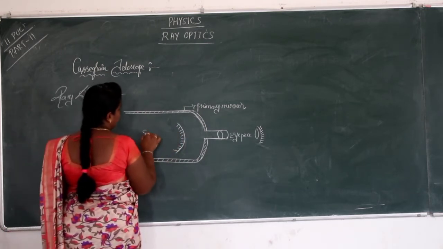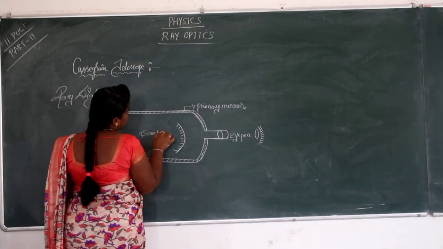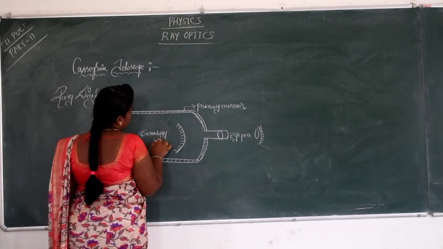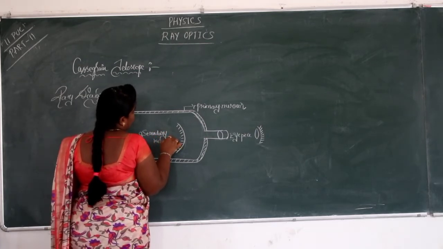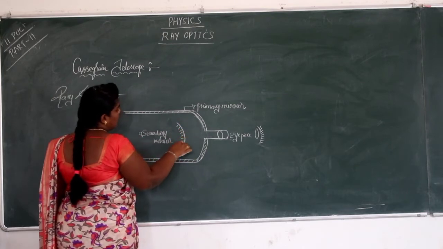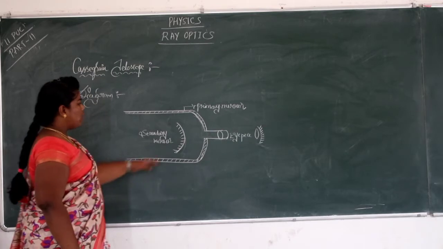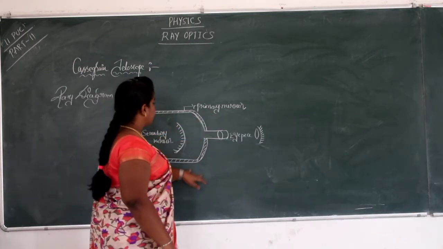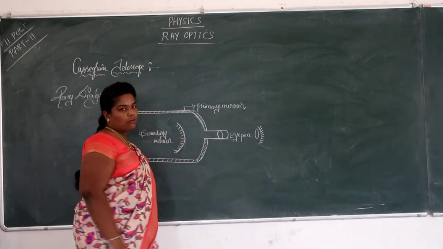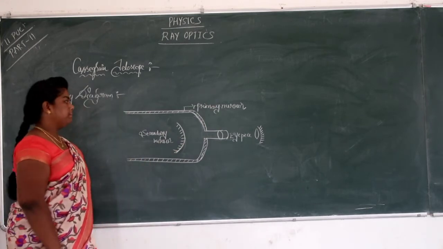This convex mirror is called the secondary mirror, which we placed at the principal focus of the primary mirror.